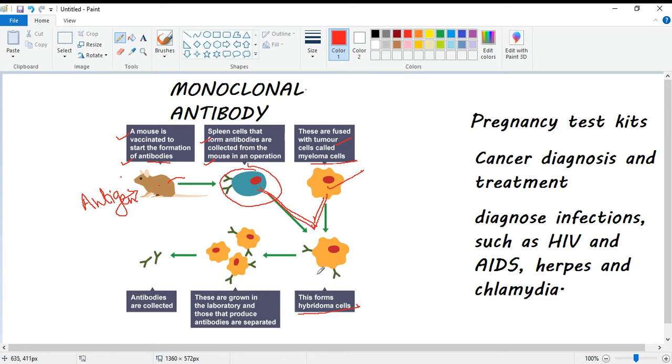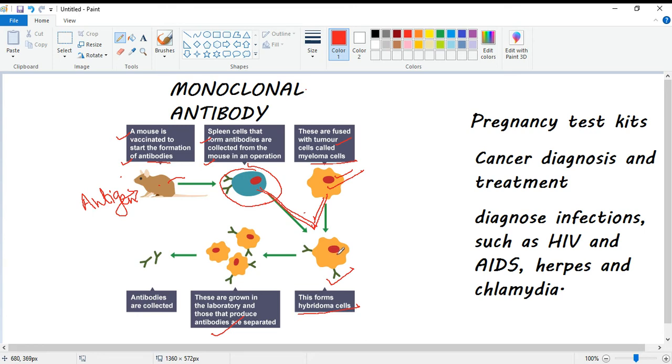Hybridoma means the combination of two, right? So you have added these two cells and they form a hybridoma cell, and these are grown in a lab and produce copies of antibodies. Now how does it produce the copies of antibody? Because this is the nature of the tumor cell to keep on dividing, right? How does cancer form? Cancer is basically the uncontrolled division of the cell.